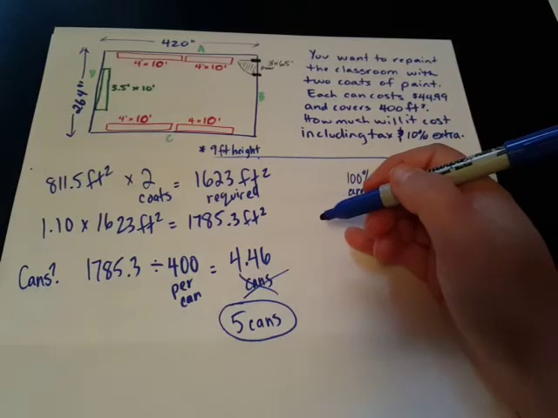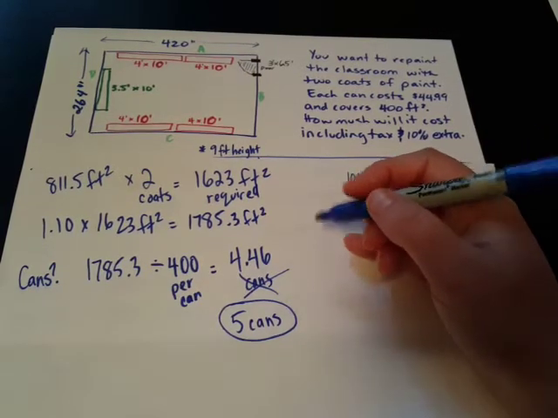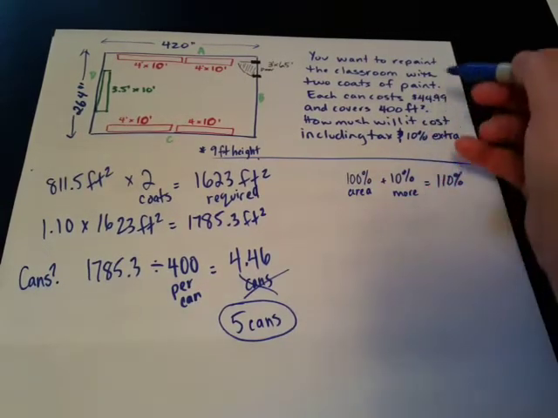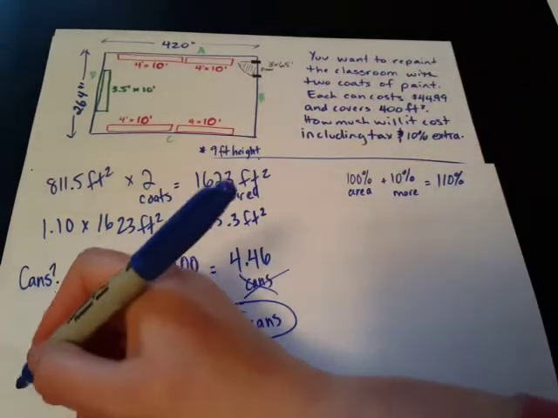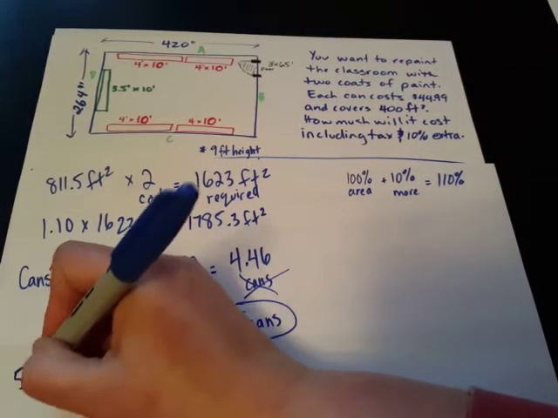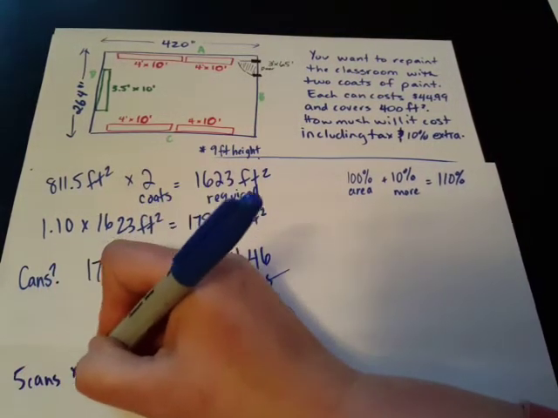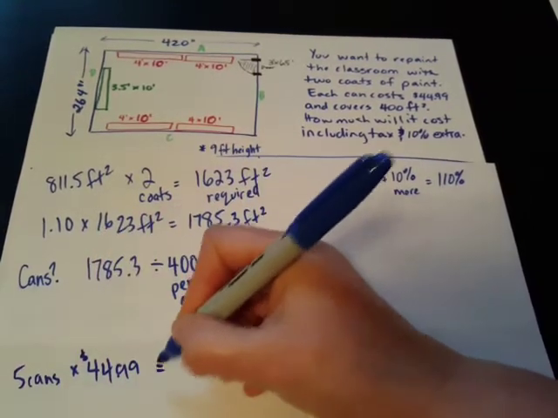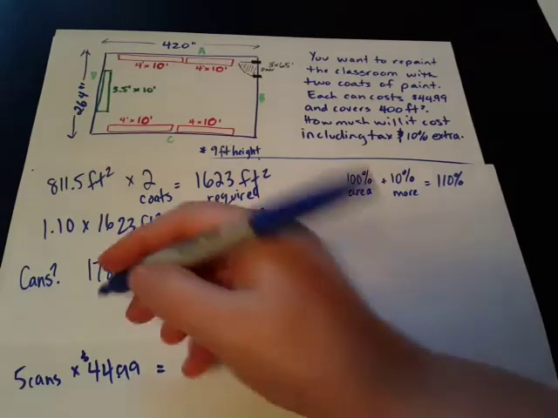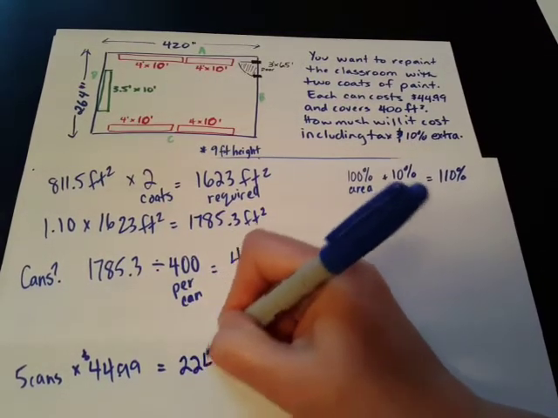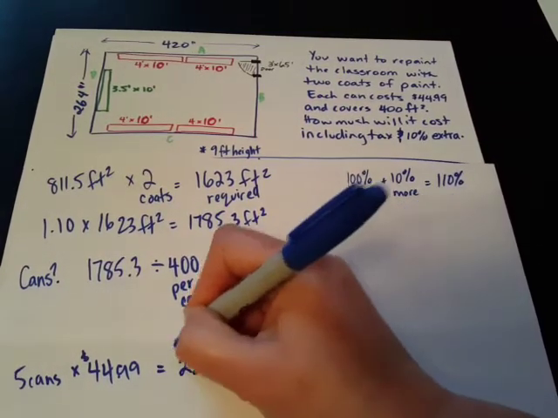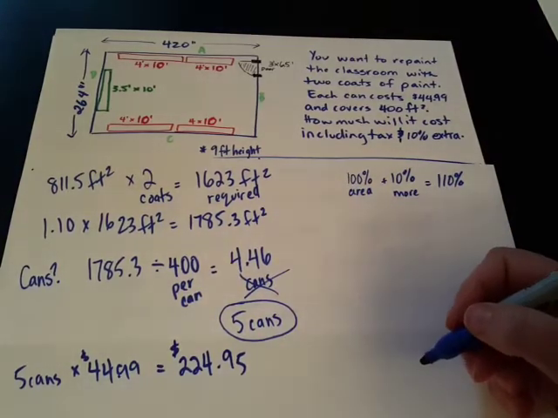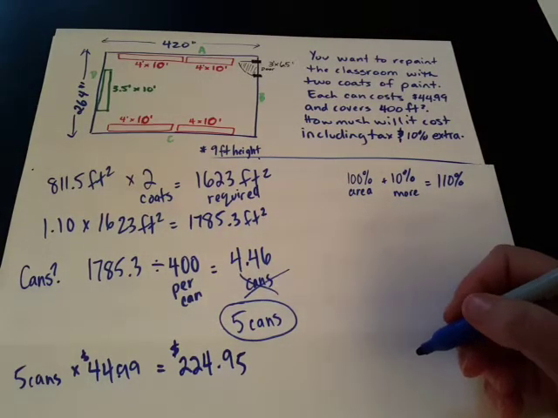So now the 5 cans we're going to purchase at $44.99 each. So it'll be $224.95 worth of paint.